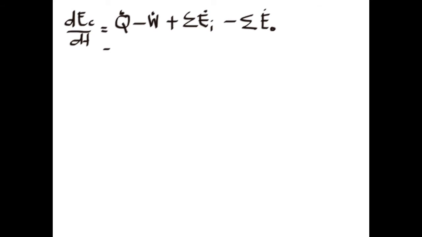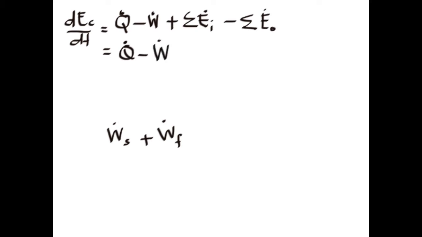So Q will remain, while W will have shaft work plus flow work. Well, the flow work is the difference between the outlet and inlet flow work.